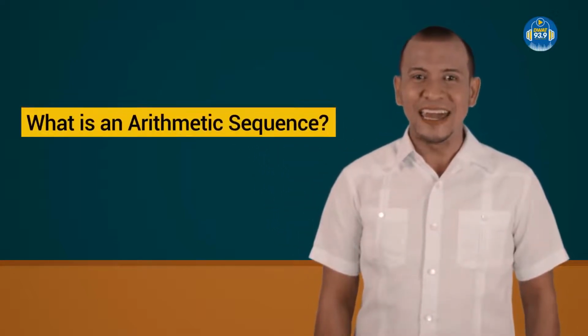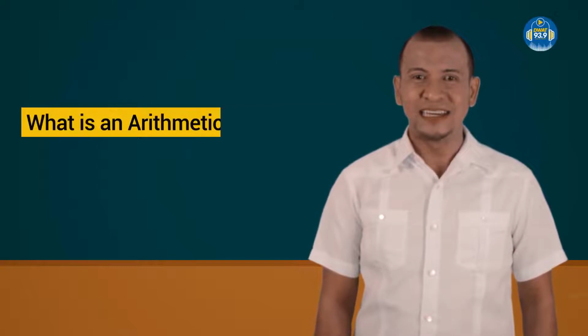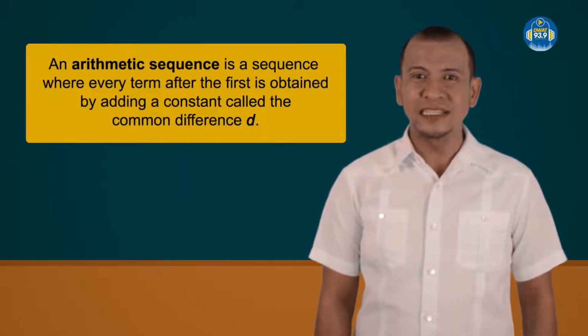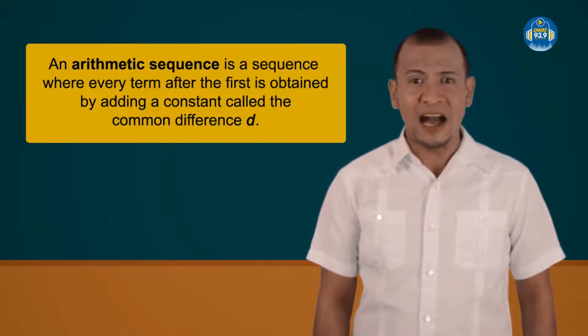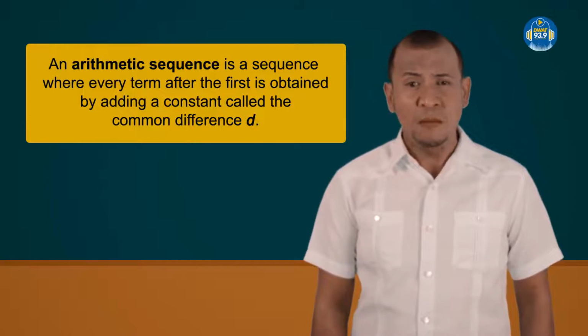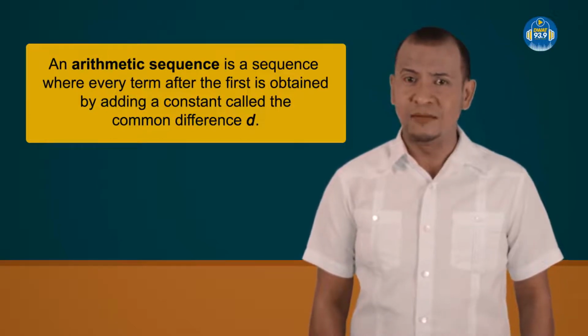So what is an arithmetic sequence? An arithmetic sequence is a sequence where every term after the first is obtained by adding a constant called the common difference, denoted by D. Now, let us consider an example.